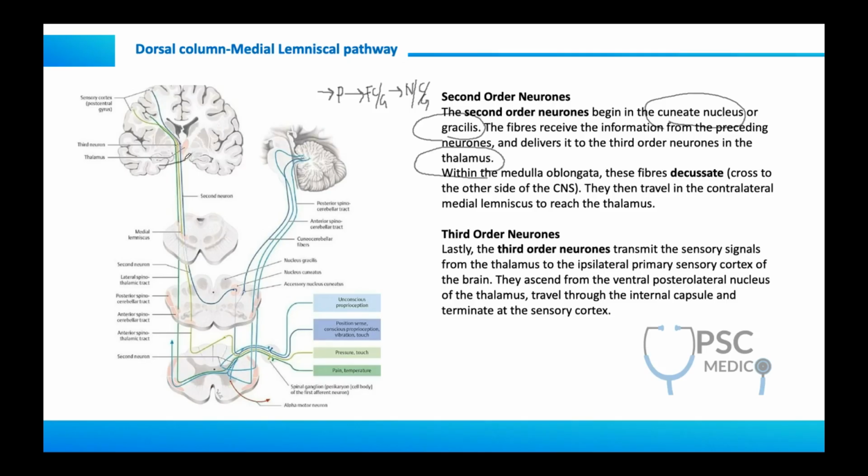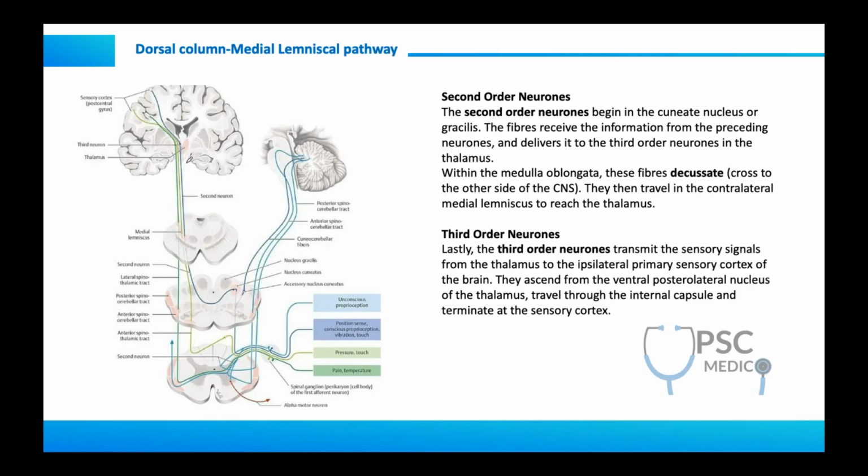Here is the thalamus, and from here the third order neurons take origin. These second order neurons within the medulla oblongata cross to the other side of the CNS, and they travel in the contralateral medial lemniscus to reach the thalamus.